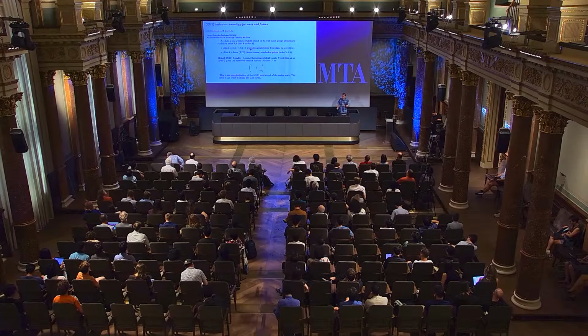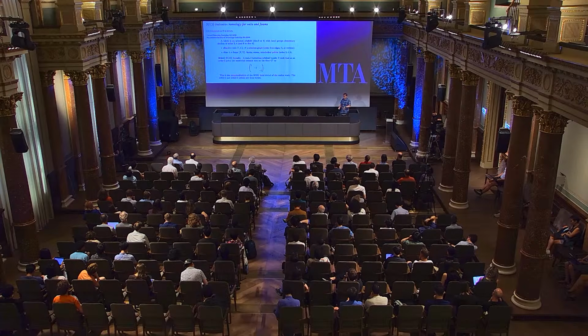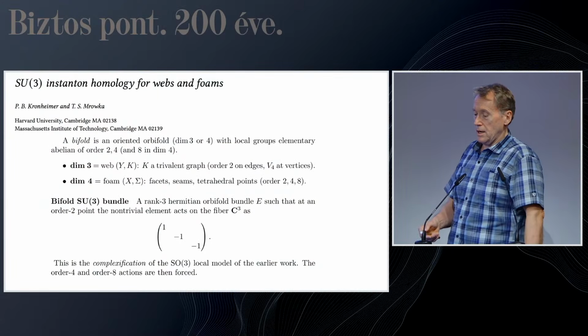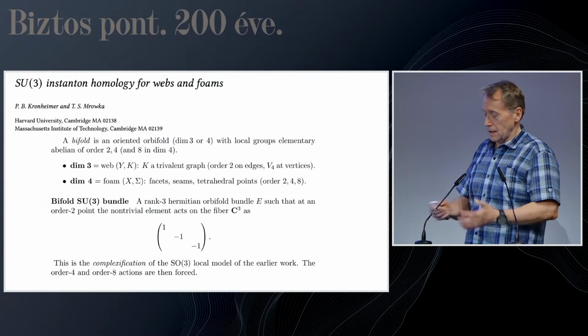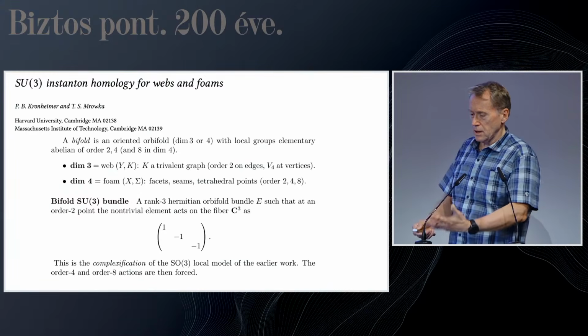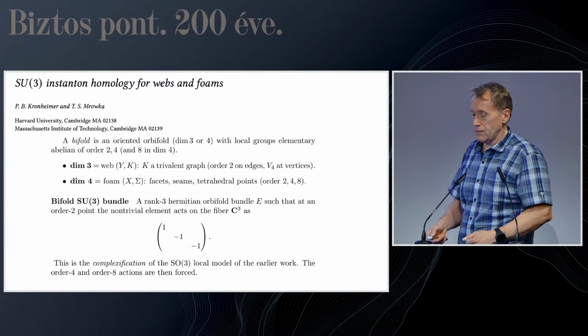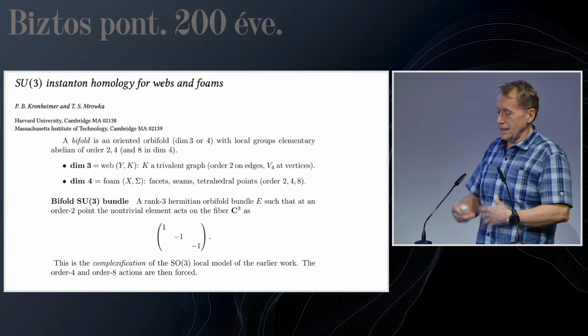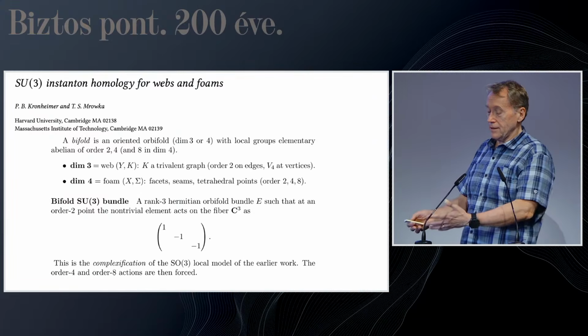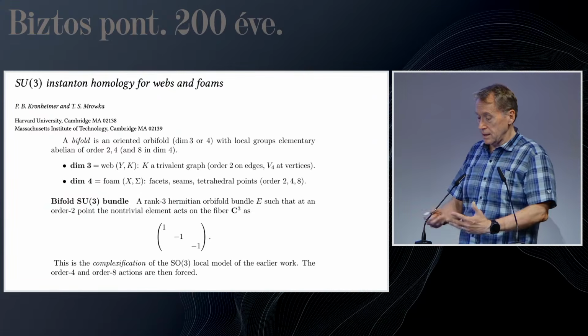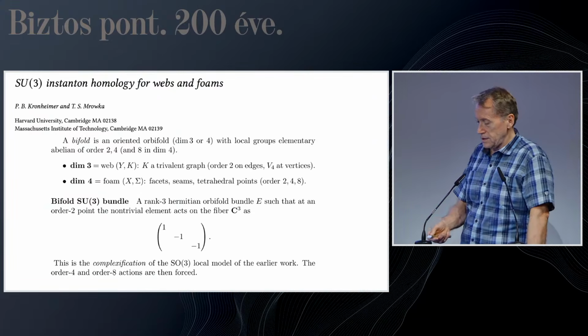But then you notice that the quotient of R4 or R3 by these groups is actually homeomorphic to R4 or R3. And so if you have a web in a 3-manifold or a foam in a 4-manifold, then you can, in a rather canonical way, define an orbifold from that data and just think about doing orbifold gauge theory.